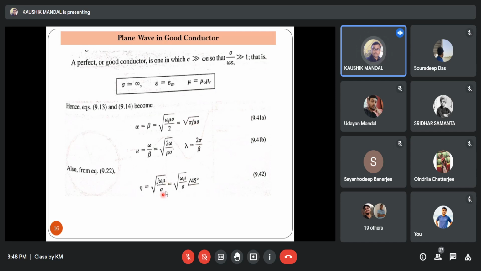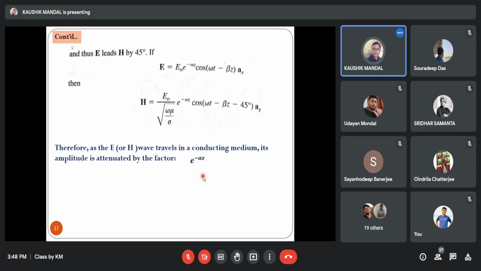Similarly, you can also find the intrinsic impedance, and from the intrinsic impedance, you will see that there is a phase difference between the electric field and magnetic field. What is the amount of phase difference? That is 45 degrees. So there is a phase lag between the electric field and magnetic field, or you can say the electric field leads the magnetic field by 45 degrees.